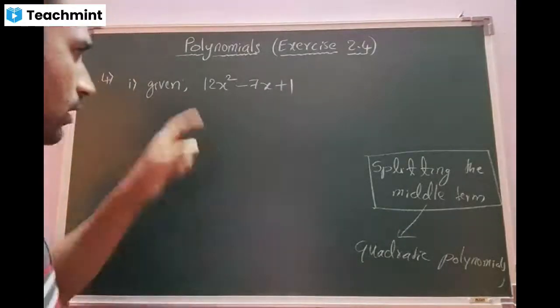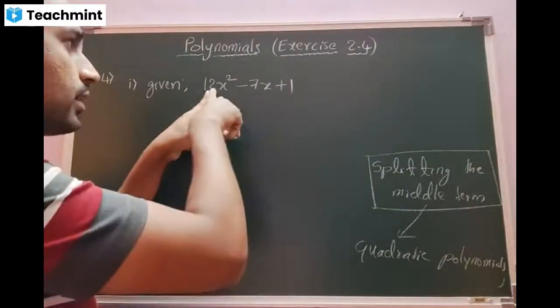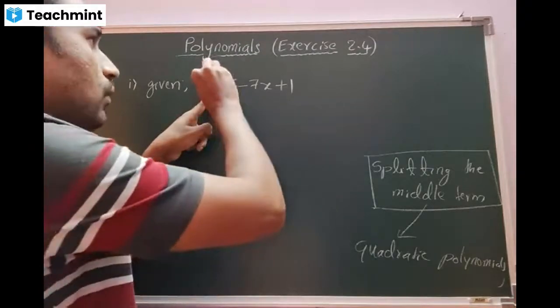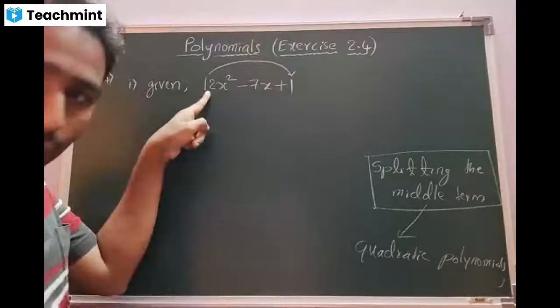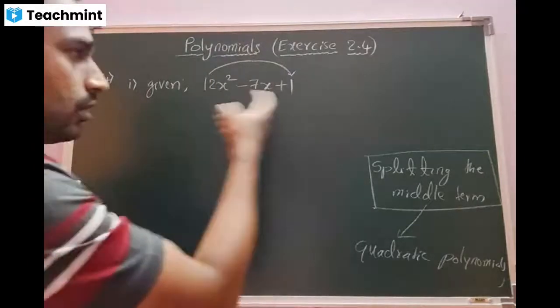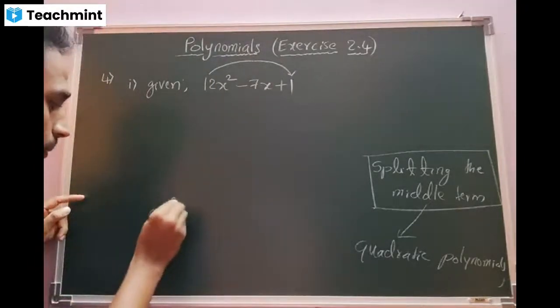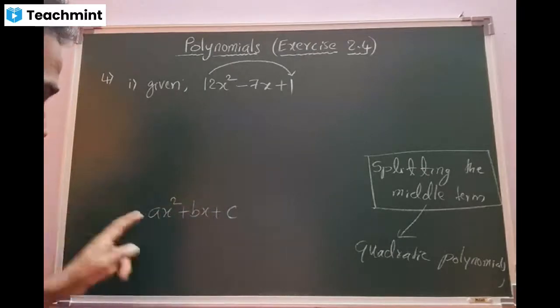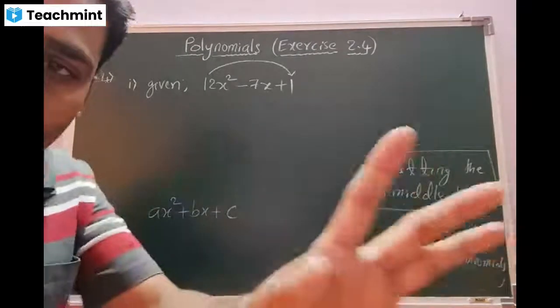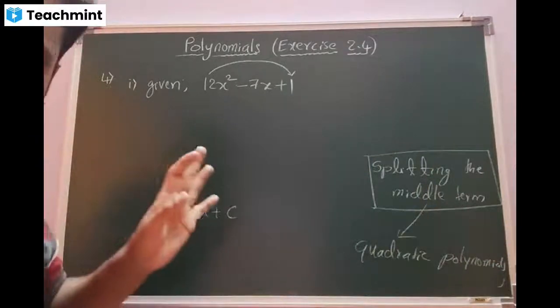What is the procedure? Beta, we have to take the coefficient of x square, that is 12. You have to multiply with the constant. The standard form for quadratic polynomial is ax square plus bx plus c. A, B, C are the real numbers. X is the variable. Is that clear, beta?